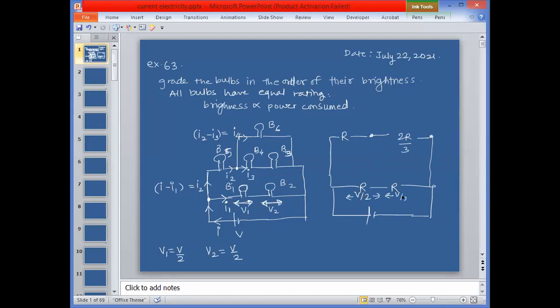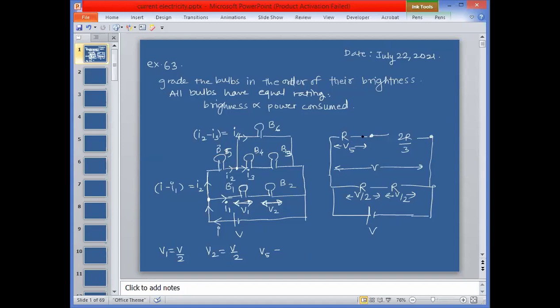This is also V by 2. This is total V. The same total V is available also here. Now let me find out this potential difference across the fifth bulb. Let me call it V5.